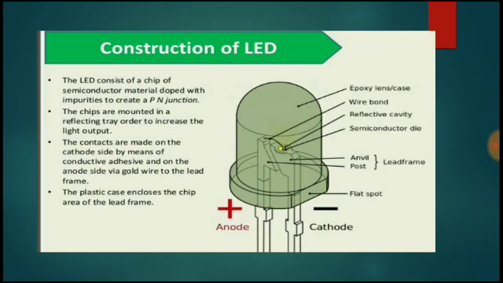And the chips are mounted in a reflecting cavity to increase the light output. Now the contacts are made on the cathode side by means of conductive adhesive, and on the anode side via gold wire to the lead frame.